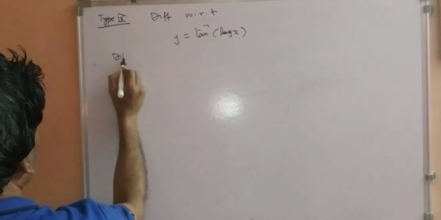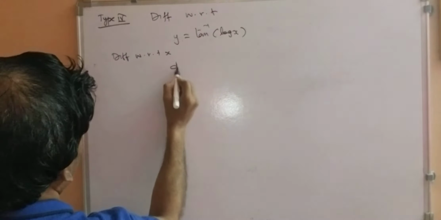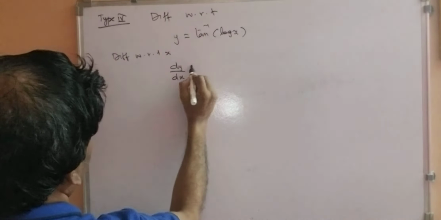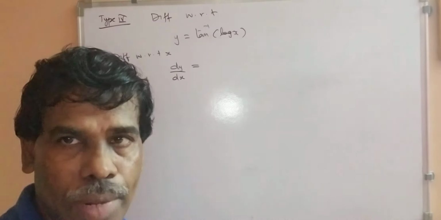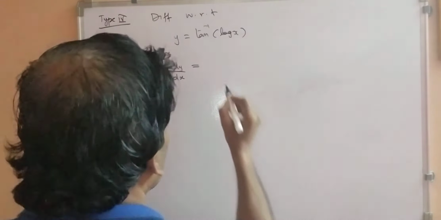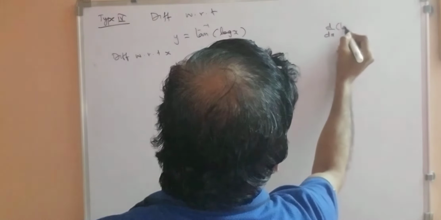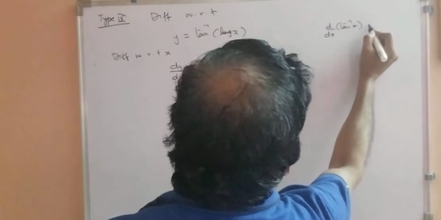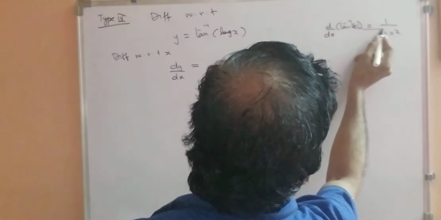Now differentiating with respect to x, dy by dx equal to, what is the derivative of tan inverse x? 1 upon 1 plus x square. So derivative of tan inverse x means 1 upon 1 plus x square. Here what is there? Its square.